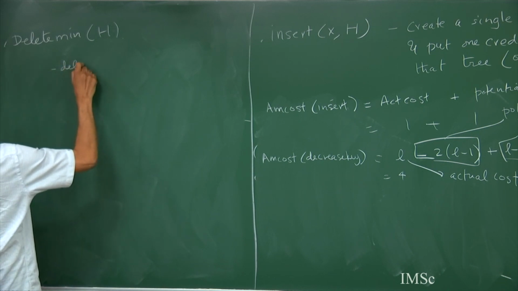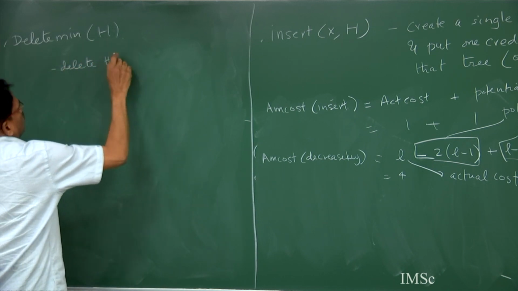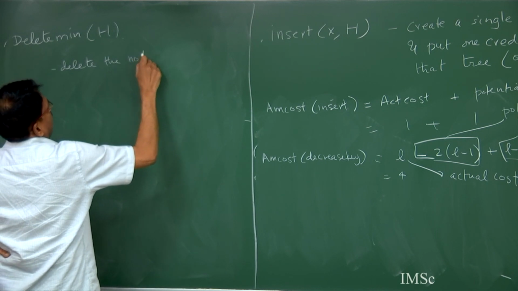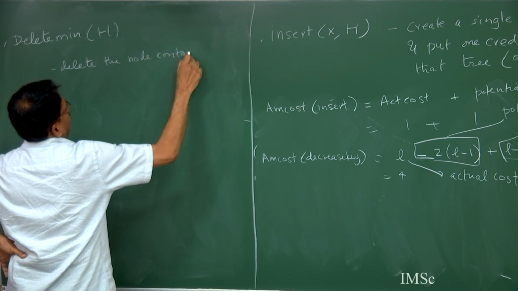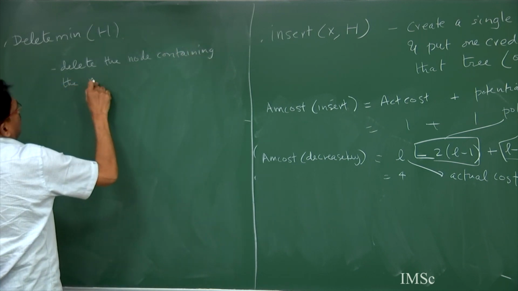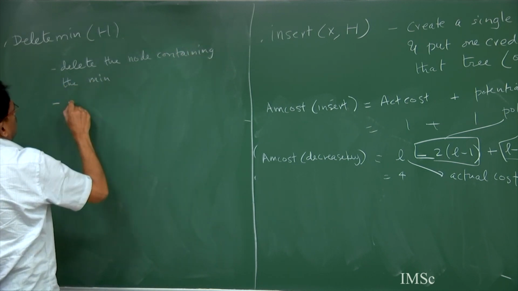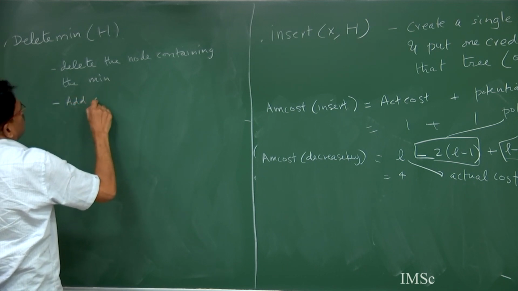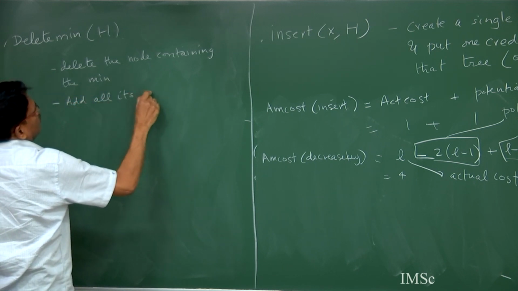So delete the node containing the min. Add all its subtrees to the collection.